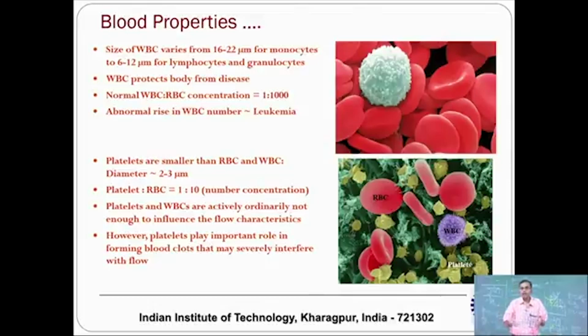But the other factors are also important, like the white blood cells which protect the body from diseases, and platelets which do not normally influence the flow, but are important in forming blood clots, and they may severely interfere with the flow if blood clot formation is either enhanced or resisted.